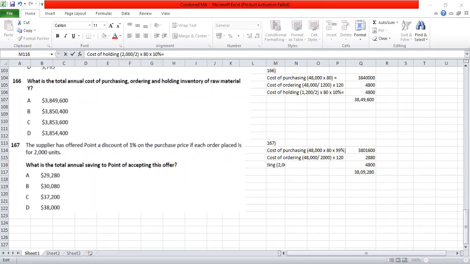Is 80 the price which is applicable? 80 is not the price which is applicable because they will also get a discount of 1%, so they will pay only 99% of that.